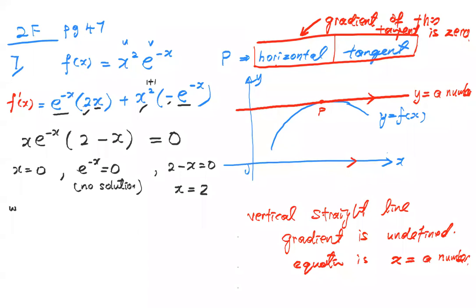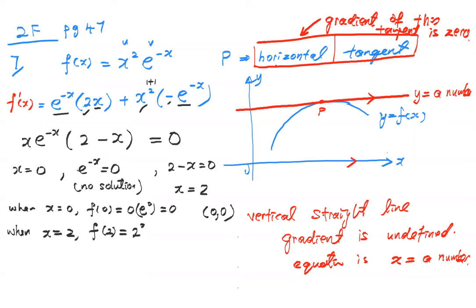When x equal to 0, f(0) equals 0 times e to the power 0, which is still 0. So point P is (0, 0). When x equal to 2, f(2) equals 2 squared e to the power negative 2, which is 4 over e squared. So it's (2, 4/e squared).